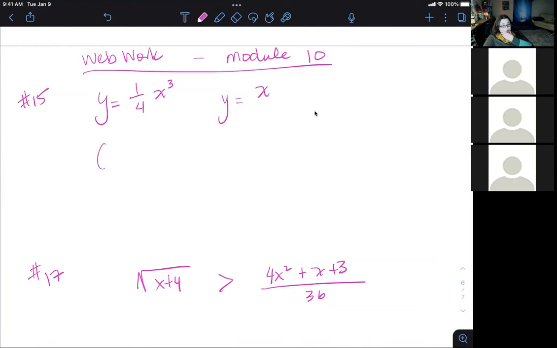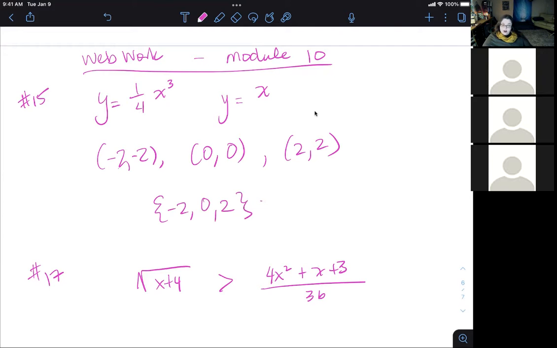And so those are those ordered pairs. And then B is solve, your set notation. And so for solve, we only care about the x coordinates, and these are the solution, the x values, and we call this set notation.